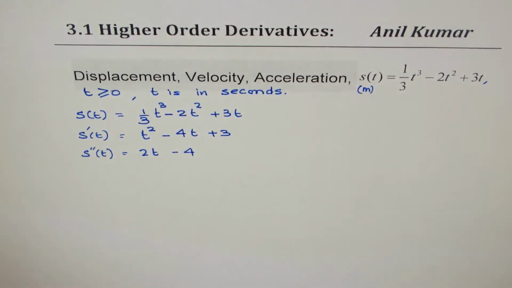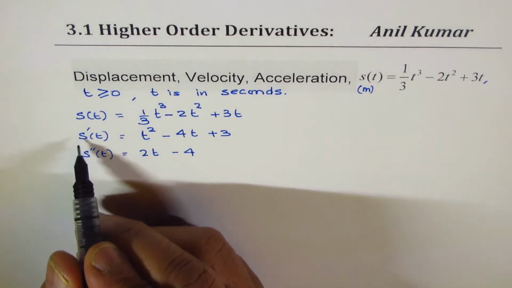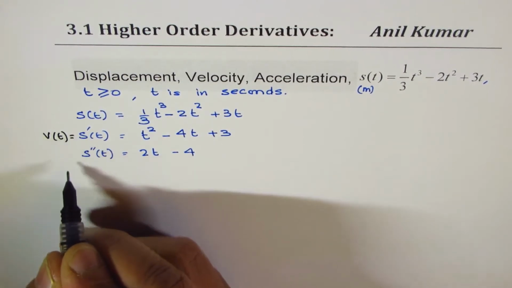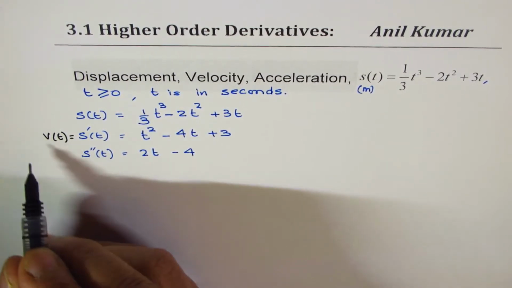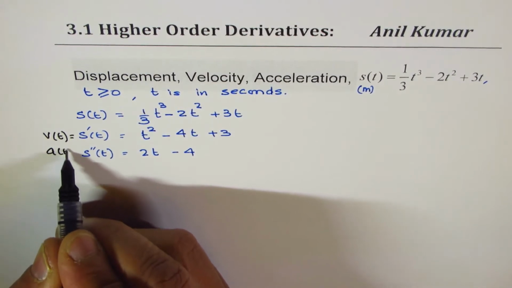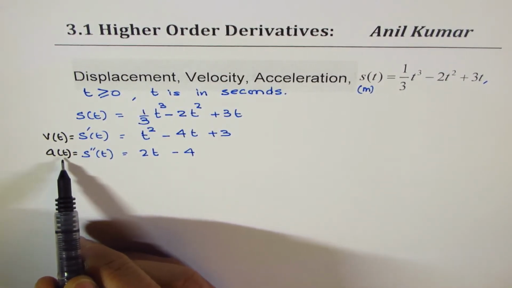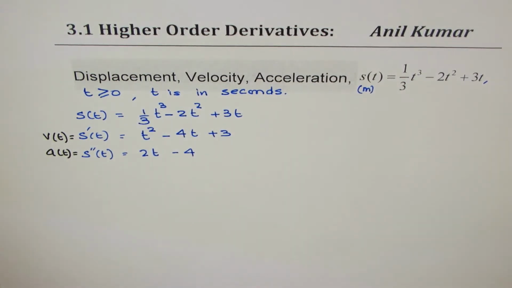Correct? Now, as you know, from the rate of change which we learned earlier, the derivative of displacement is also known as velocity, right? So we could write this as velocity, and rate of change of velocity is acceleration. So the second derivative of displacement is actually acceleration, right?